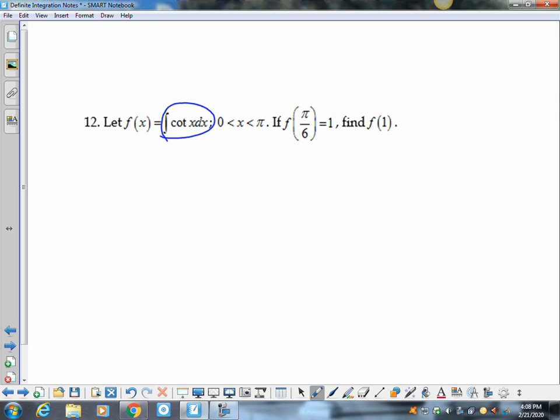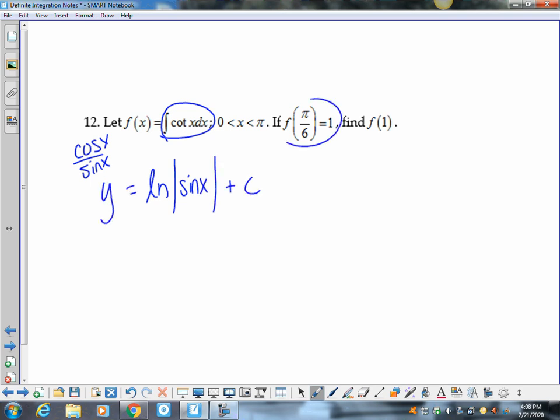And the integral of cotangent, let's see if I can get my trig right this time. Cotangent is cosine over sine. So it's ln of sine of x plus c. And I'm going to write y equals because I'm about to plug in an x and a y. So f of pi over 6, that's my x, and my y is 1.